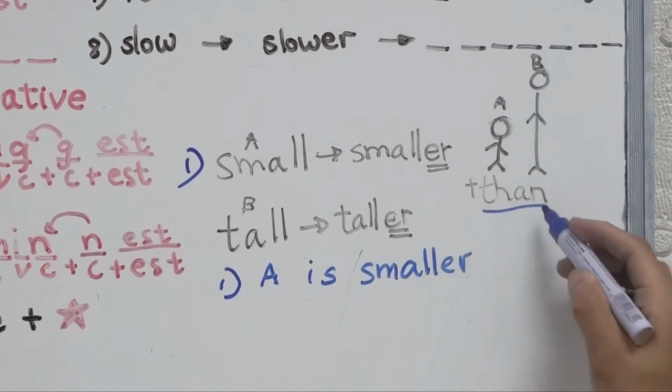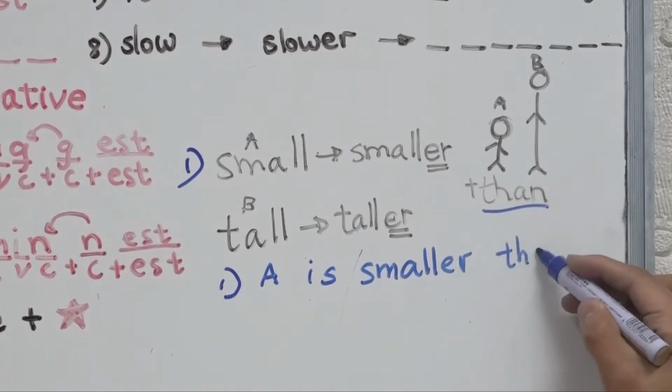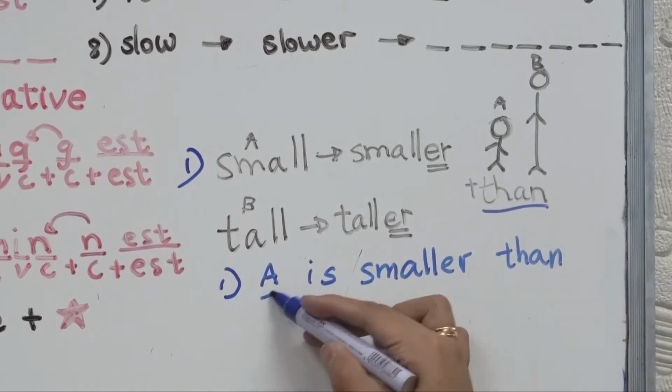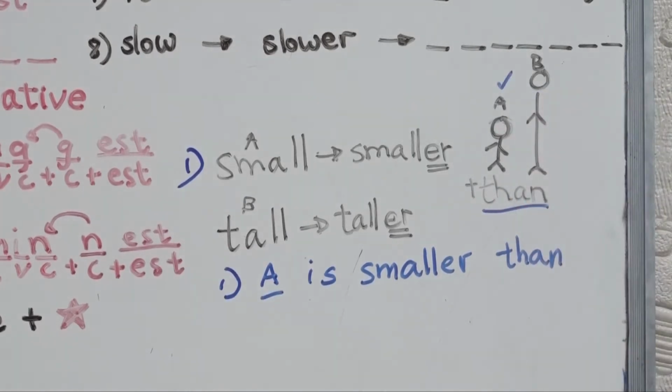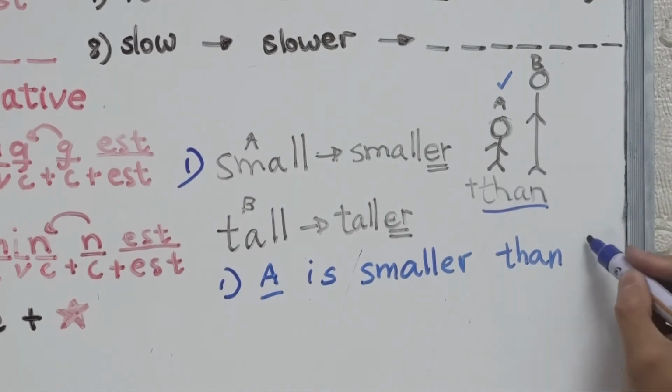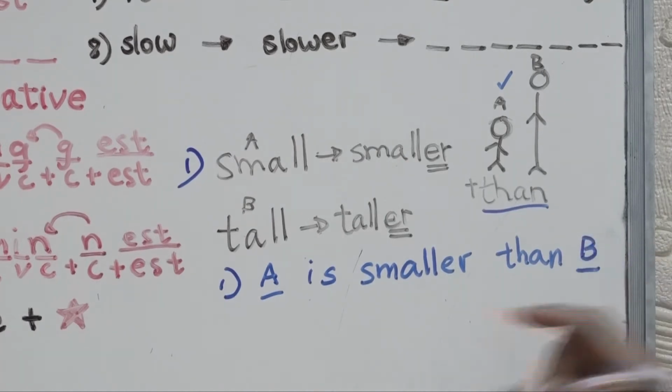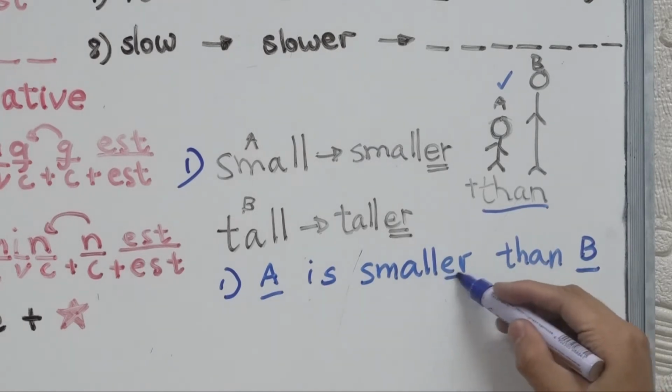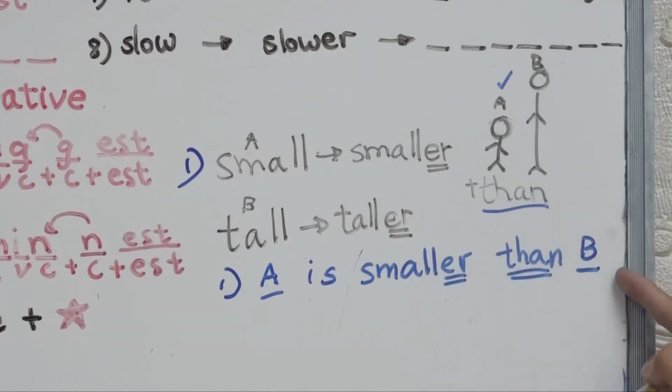Then we have to use the word than, right? THAN. So we have A already. A already used. Who else haven't we used in this sentence? B, right? So A is smaller than B.